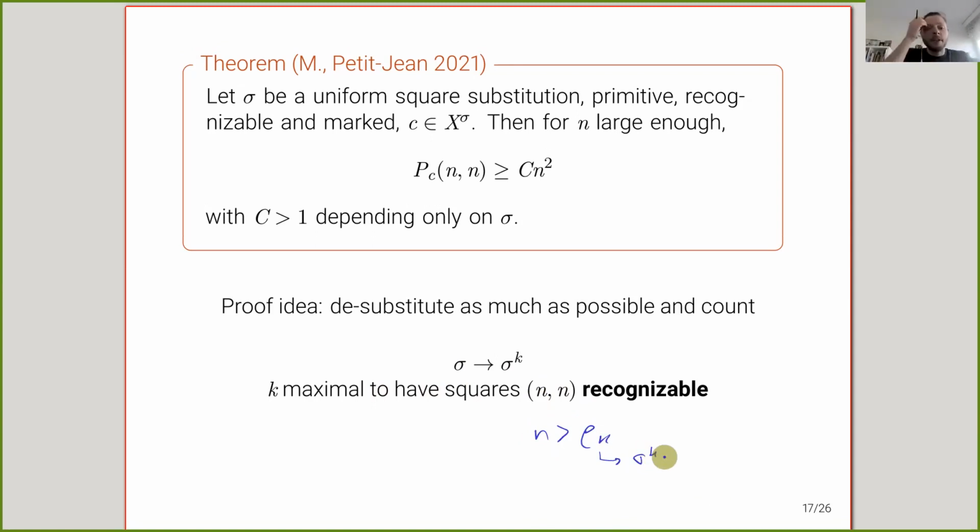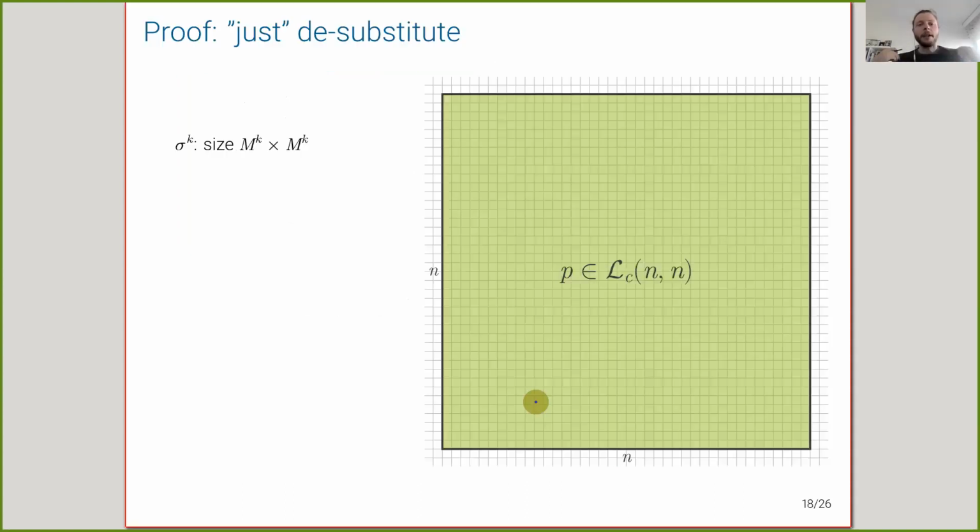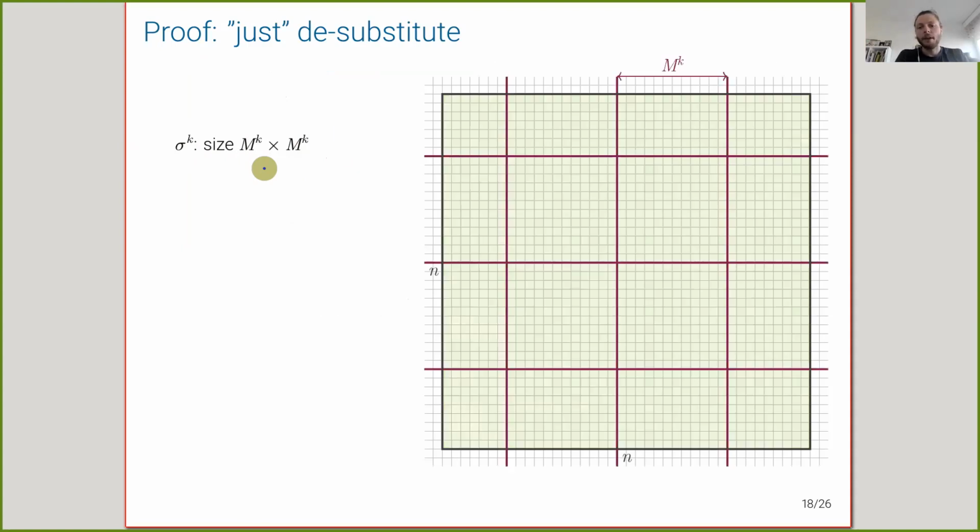So I take the biggest k possible to have n patterns recognizable by sigma k, and I'm going to desubstitute these n patterns. So I take some patterns of size n, and just to recall, sigma k is now a substitution of size mk times mk. And since by assumption this pattern is recognizable, I can find in a unique way a grid spaced by mk for which I can desubstitute. So each square will be the image of some letter.